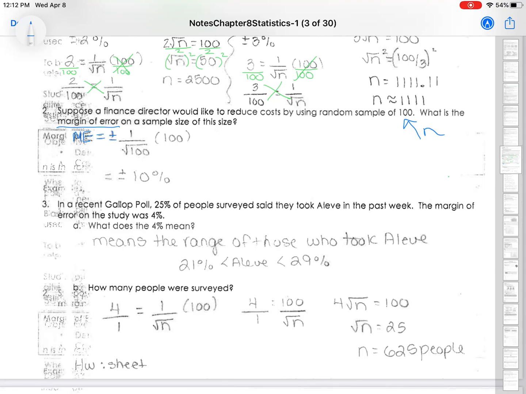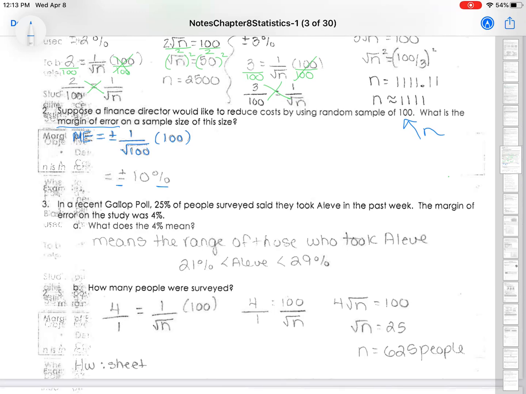Margin of error, ME, is equal to plus or minus 1 over the square root of n, which is 100 in this case, times 100. If you do 1 over the square root of 100 on your calculator times 100, you should get 10. Then make sure you're adding the plus or minus component and the percentage, because a margin of error is a percentage that you have to work with.